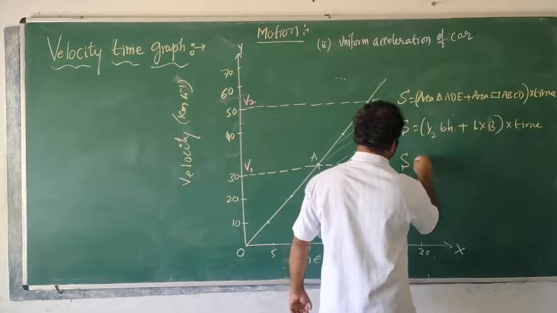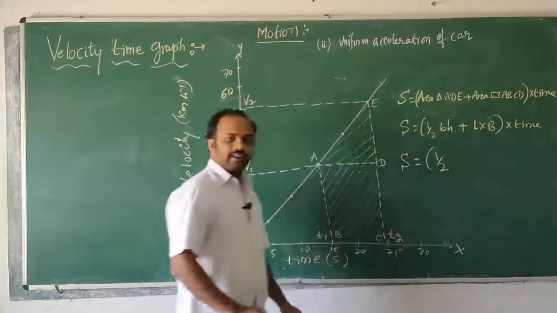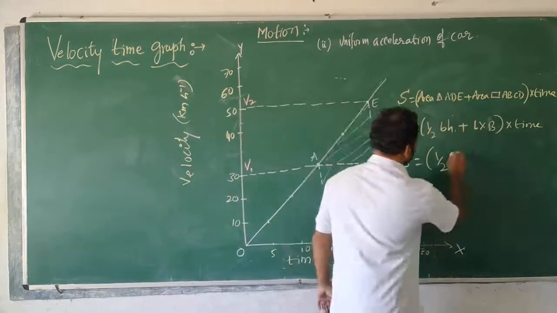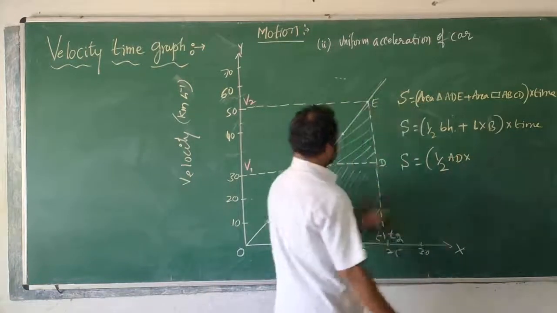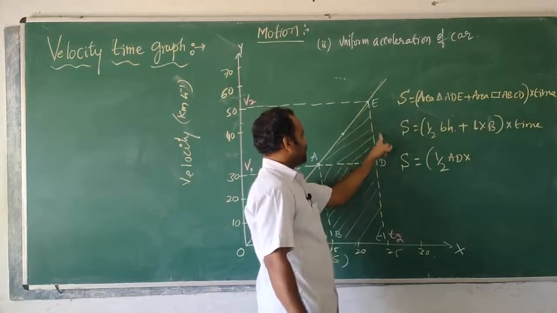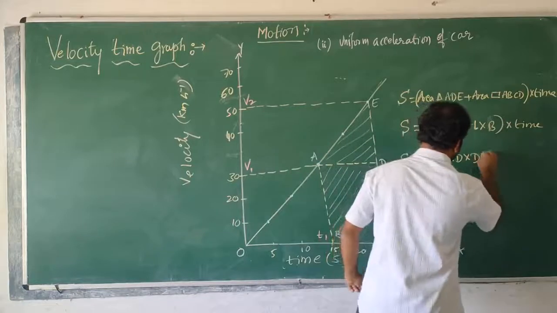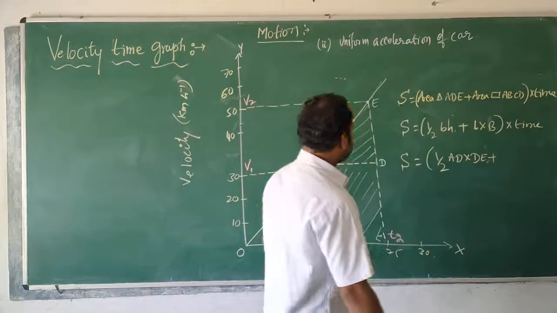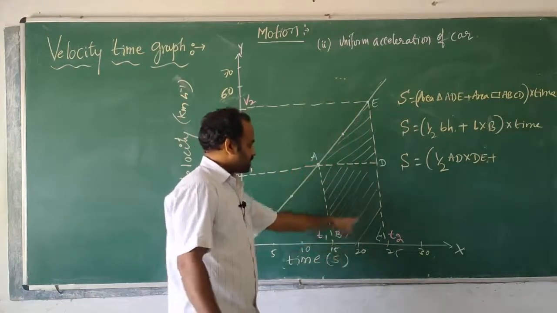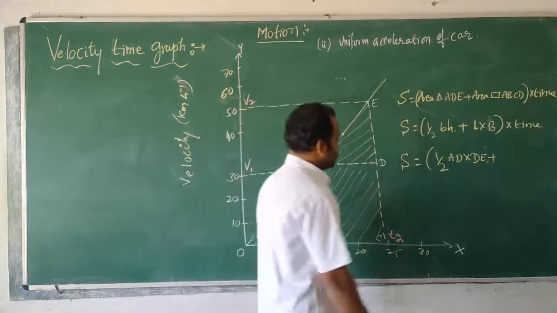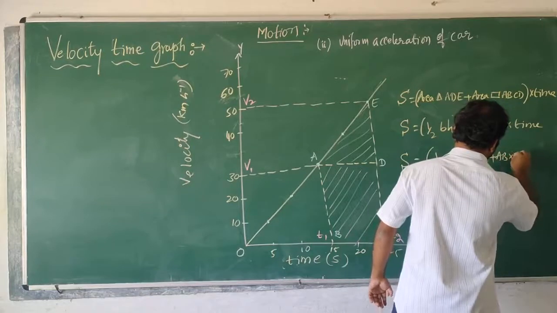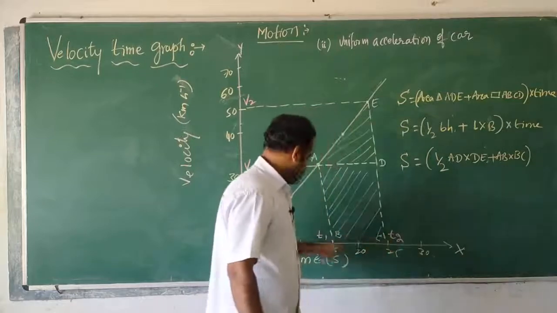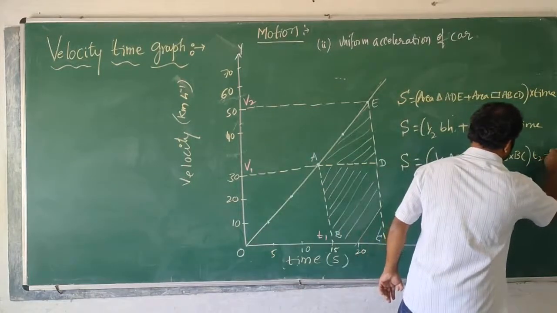Now therefore S is equal to half into base. The base of the triangle ADE is AD, into the height of the triangle, DE, plus the rectangle ABCD, length AB into breadth BC, into time, which is T2 minus T1.